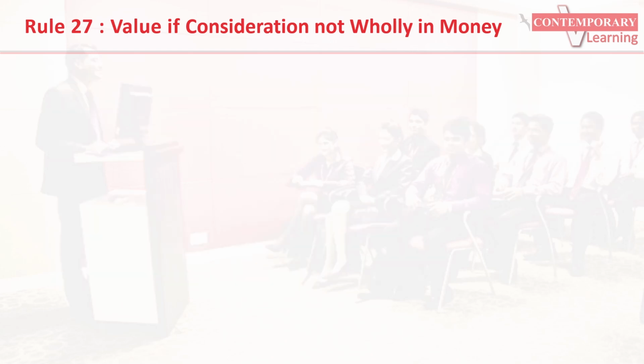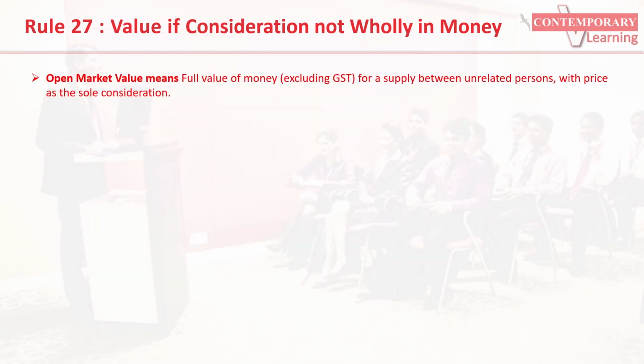Let me clarify the key terms used in Rule 27. Open market value means the full value in money, excluding GST, for a supply between unrelated persons with price as the sole consideration. This is the benchmark for fair market value.